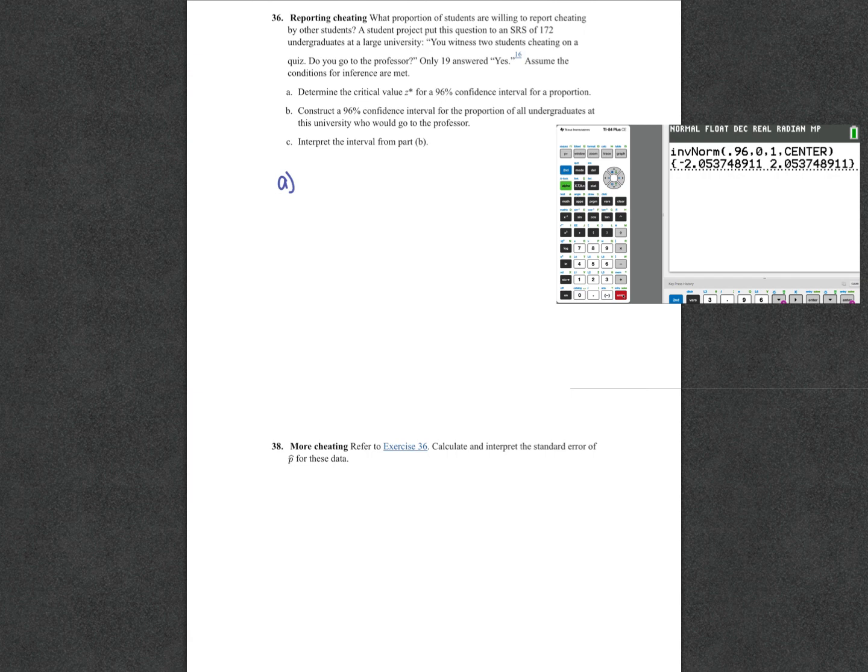And here, let me write that down. So for a 96% confidence level, Z star, which is our critical value, equals that value, just the positive version.